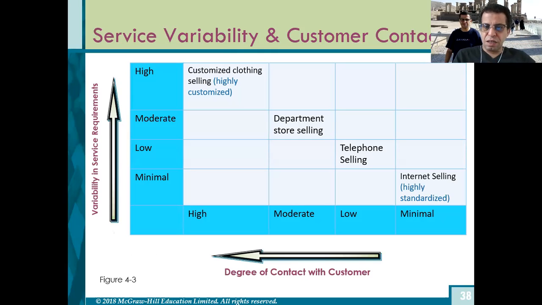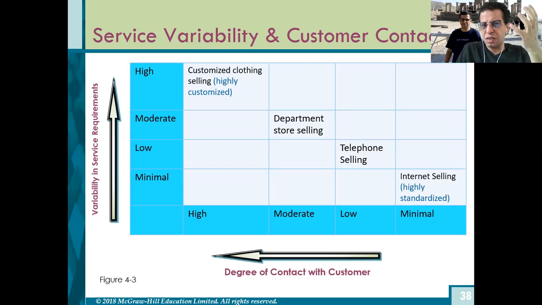This is what you call service variability and customer contact. There is high customer contact, low customer contact, different services, standard services. They're all taken into consideration. As variability in service goes high, the degree of contact with the customer is high.